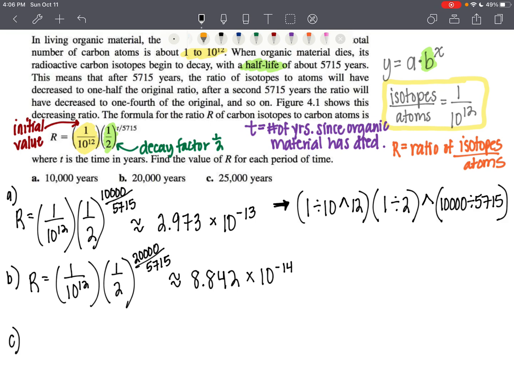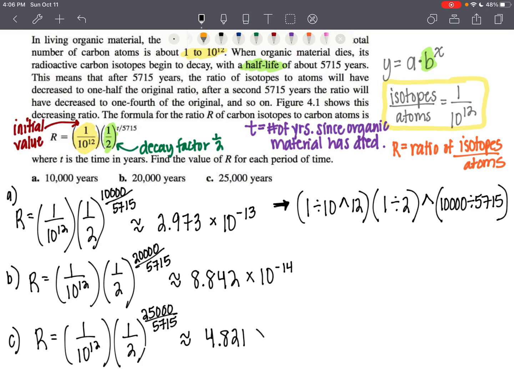And C, I would most definitely try this one on my own. We have R equals 1 over 10 to the 12th times 1 over 2 raised to the 25,000 over 5,715 power. Putting that into my calculator, it's approximately 4.821 times 10 to the negative 14.